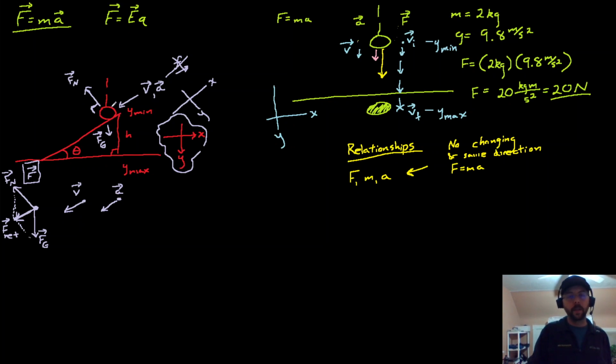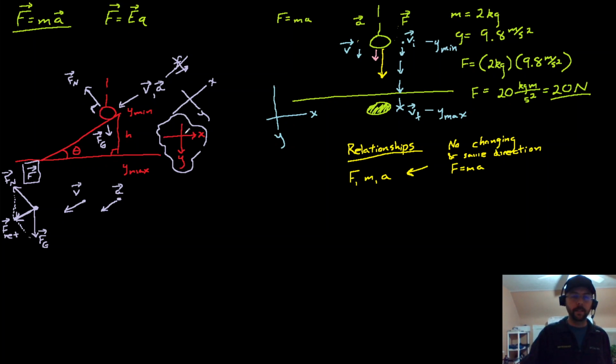Okay, so the force of gravity is equal to F equals m times a. The normal force should be equal to basically the component of gravity that would be 90 degrees to this incline.